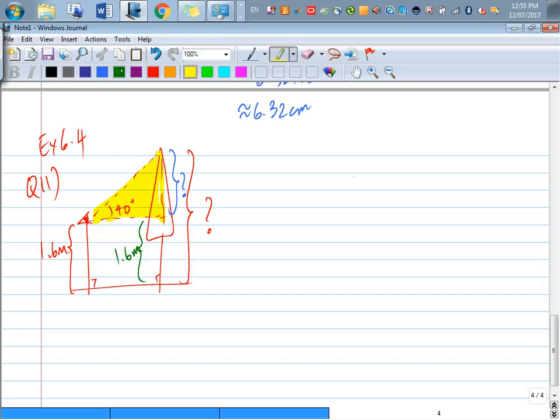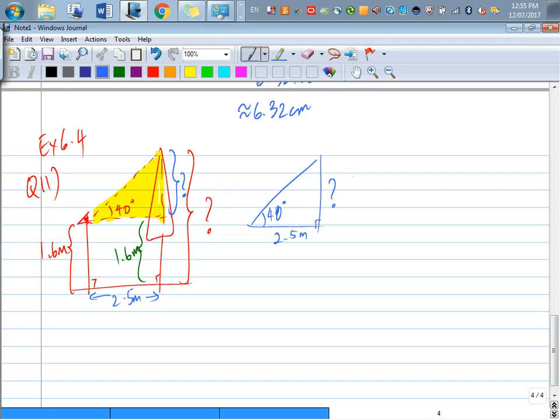And this triangle looks like this. 40 degrees. This is a question mark over here. What else do we have? Oh, there is 2.5 meters here. So this is 2.5 meters. Okay, now we have a right angle triangle.